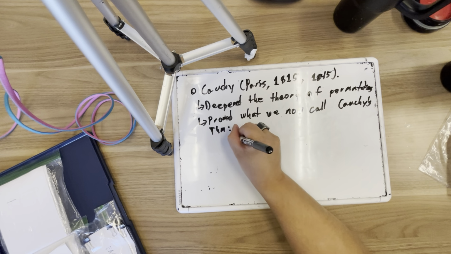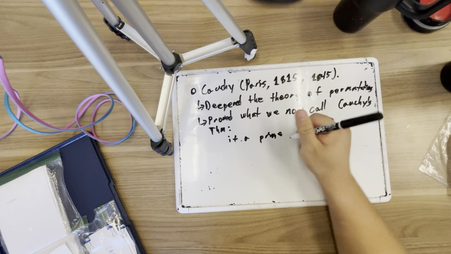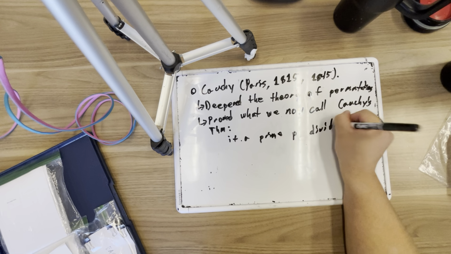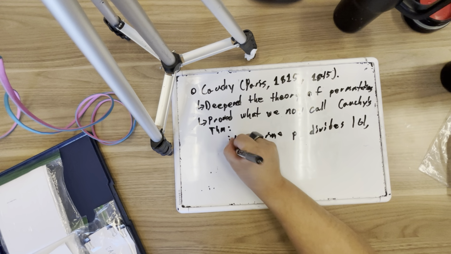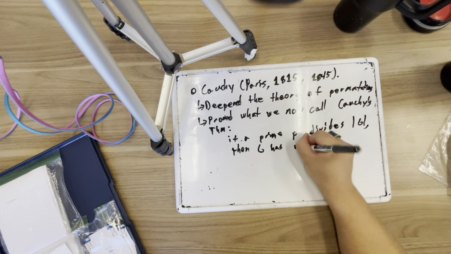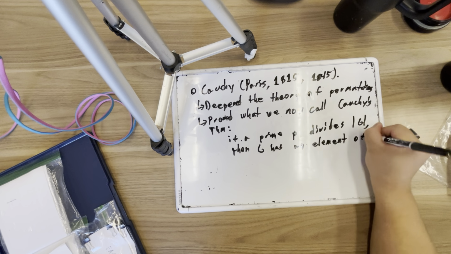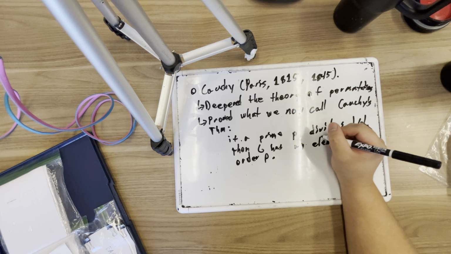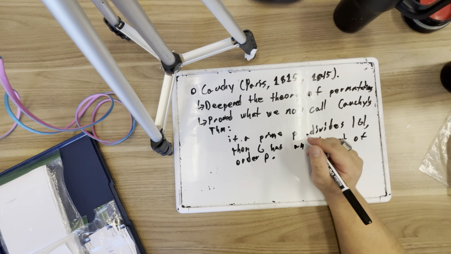That is, if a prime p divides the order of G, then G has an element of order p, and Chapter 3 will present the abelian case.